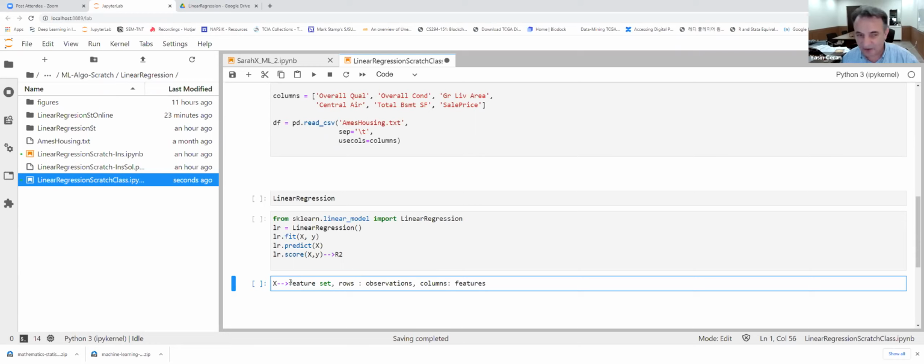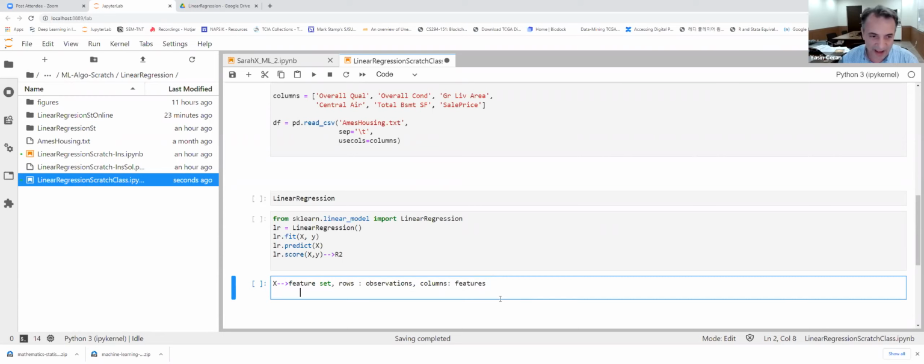In our case, the columns will be overall quality, overall condition, the living area, the square footage of living area, whether it has central air or not, and total basement square footage. These are the columns of our data set. So X rows are observations, columns are features. We are also going to have y, which is our label.